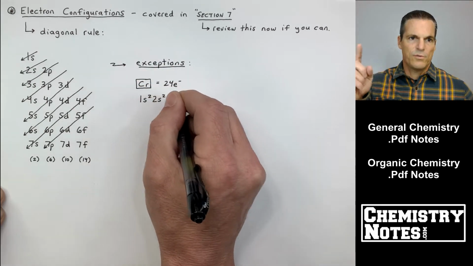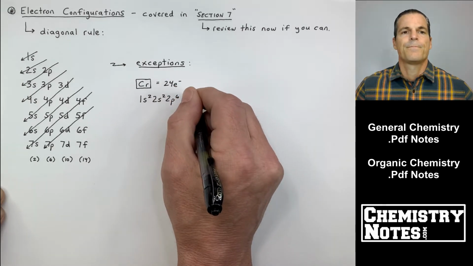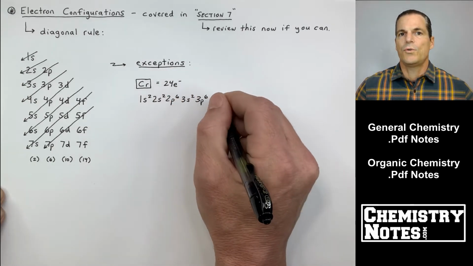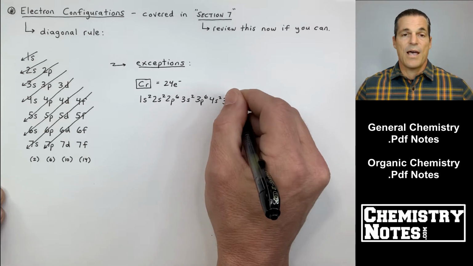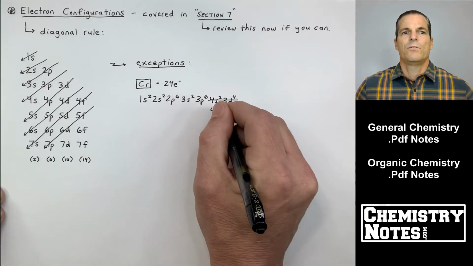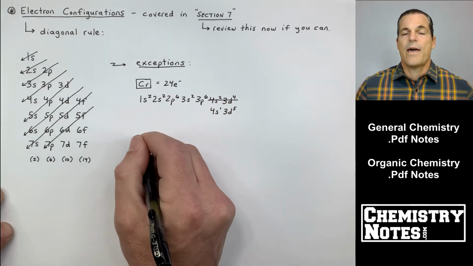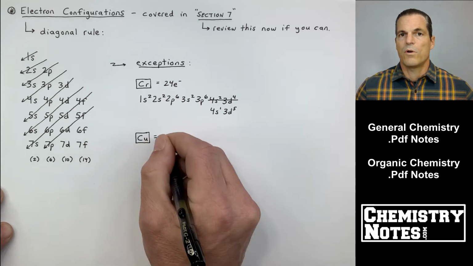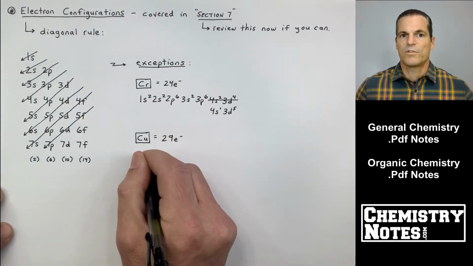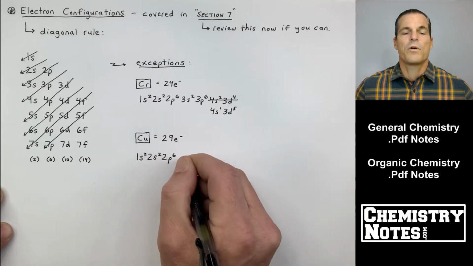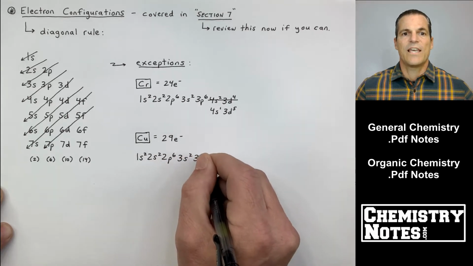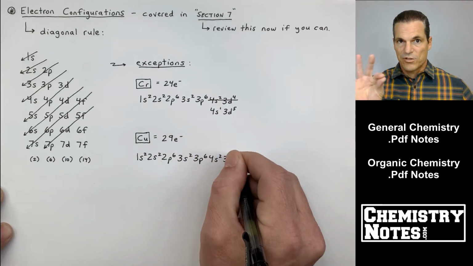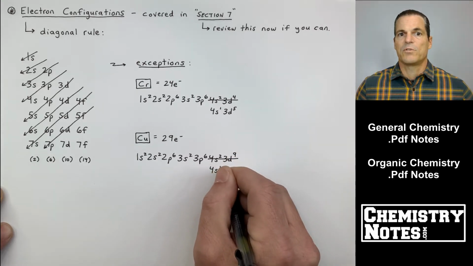1s2, 2s2, 2p6, 3s2. Now, there are 2 notable exceptions that I want to mention to the diagonal rule. And those are chromium with 24 electrons and copper with 29 electrons. According to the diagonal rule, you would get what's listed there, and then what's crossed out is replaced with the way it really is.